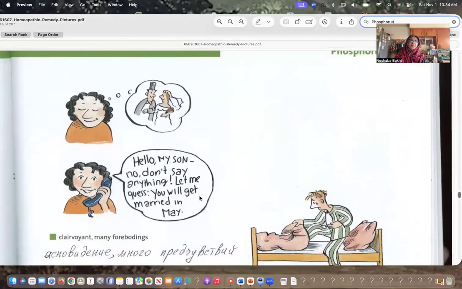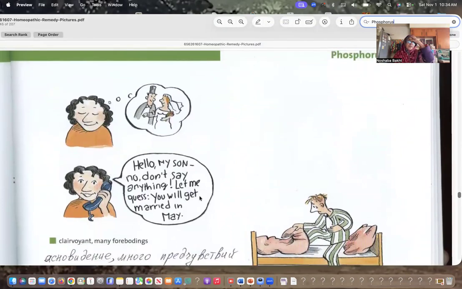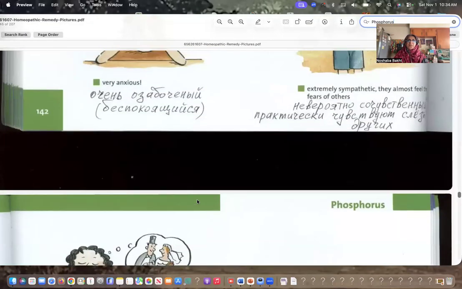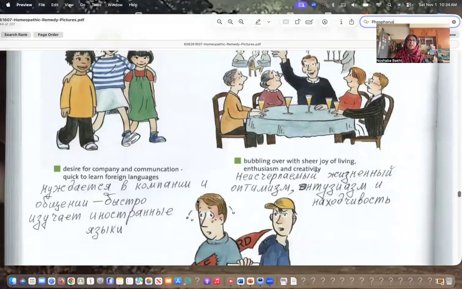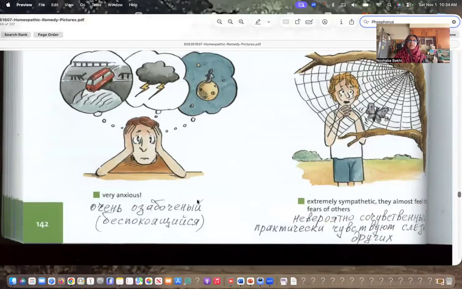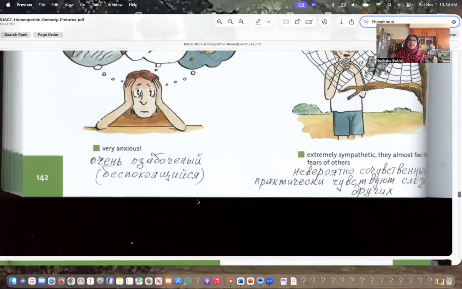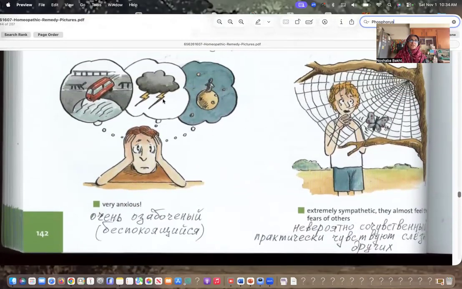They're very intuitive, or clairvoyant. We all know about clairvoyance, right? They think that they can guess what other people's feelings are, because they're people's persons, so they understand people, they connect with them, they feel their pain, they get anxieties, and they're also very afraid of thunderstorms.